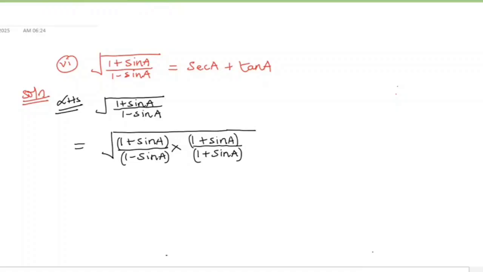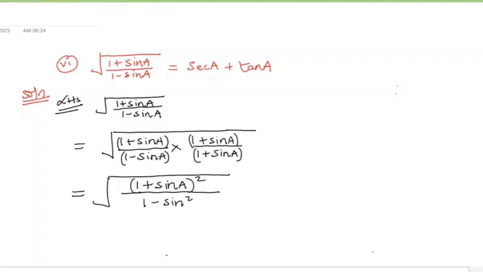So now we'll multiply, so equal to what we'll get, root over (1 plus sin A) whole square, and downside what we'll get, 1 square minus sin square A, that is the a square minus b square formula. Okay, so next see, you can cancel root, so we'll get 1 plus sin A, and downside 1 minus sin square A, if you remember, we can write cos square A, because 1 minus sin square A value is cos square A.